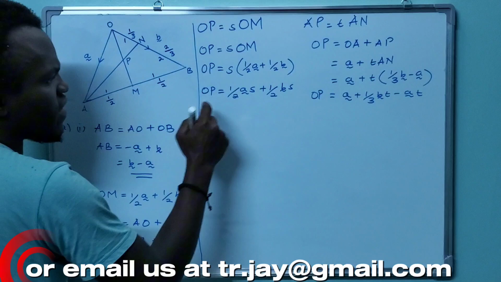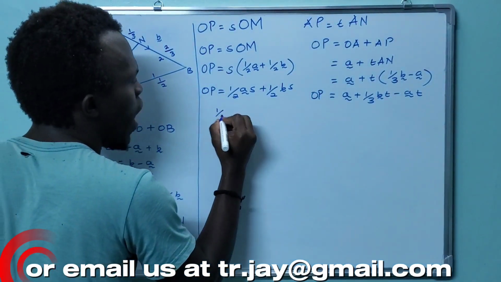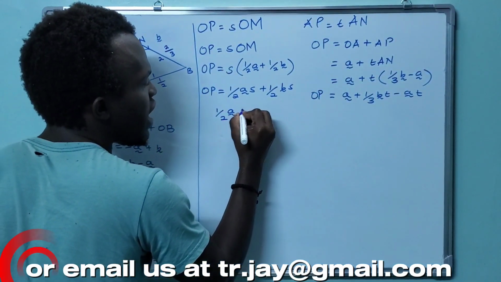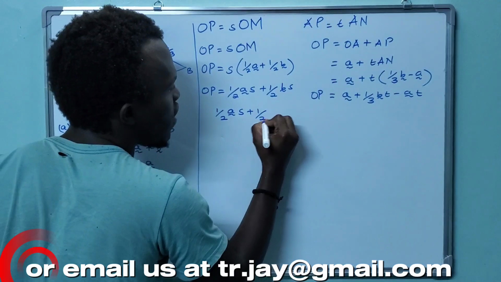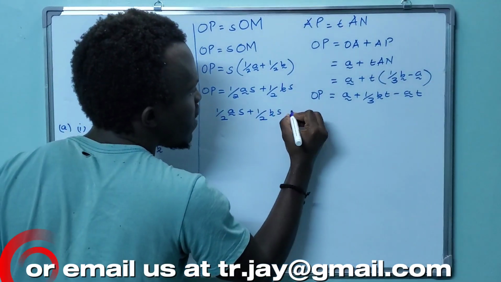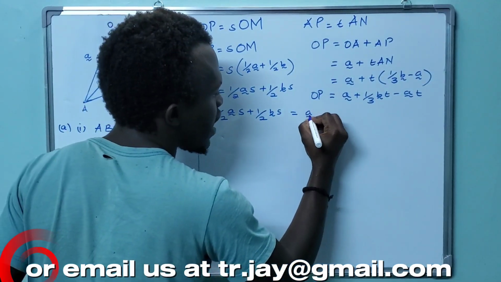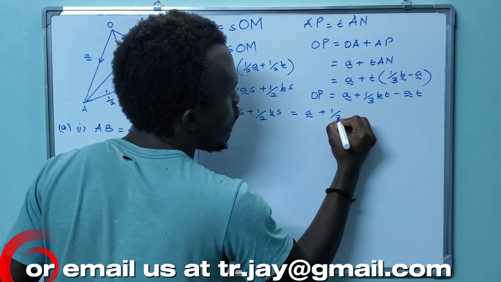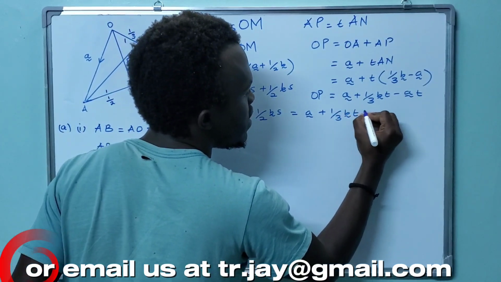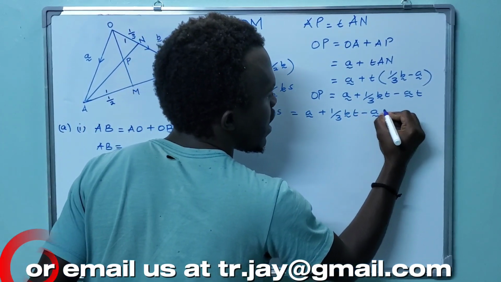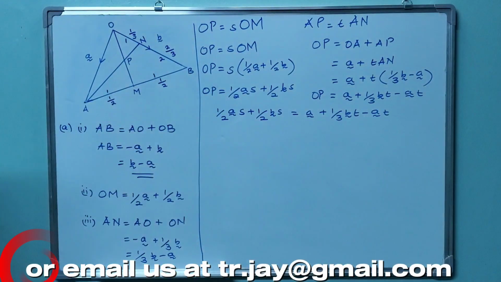So, I'm going to come here and say, because this one is OP, it means that 1 over 2 vector A S plus 1 over 2 vector B S is equal to vector A plus 1 over 3 vector B T minus vector A T. Now, what am I going to do?